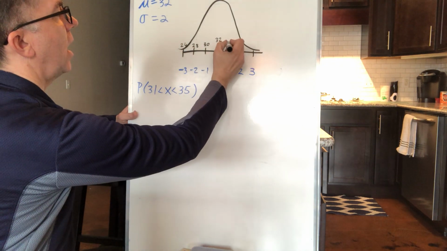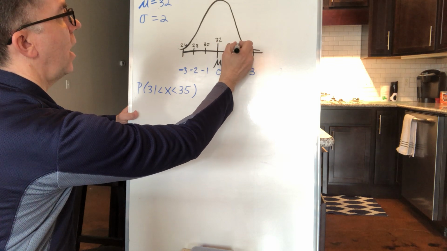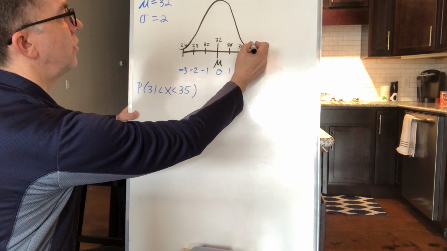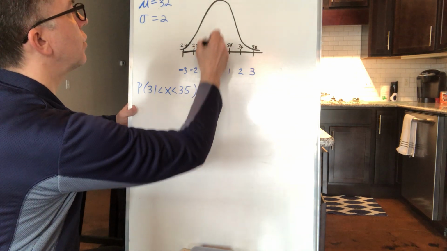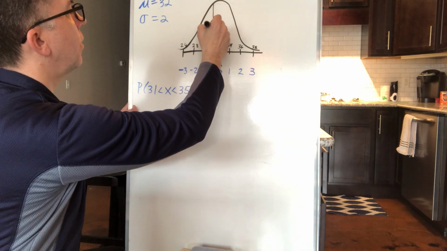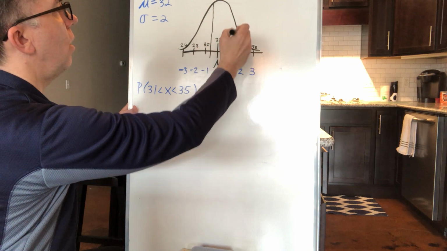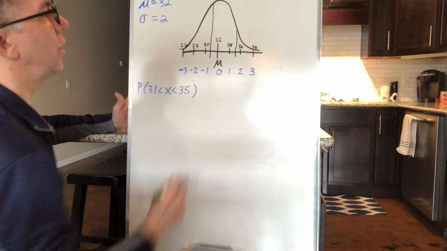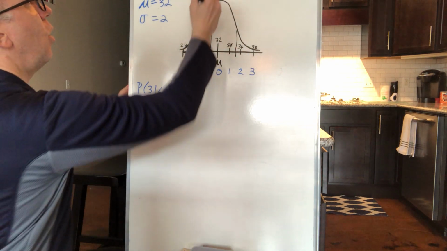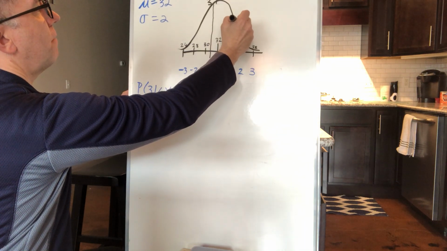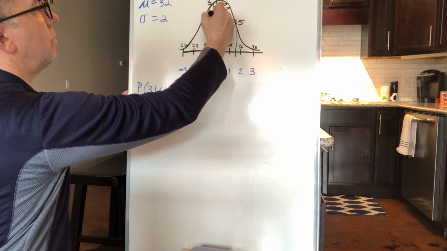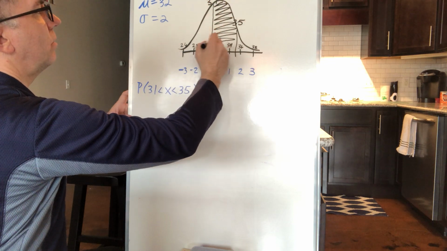Then on the other side, we have 34, 36, and 38. So we want to go from 31, which is right here, all the way to 35. We'd like to know what percent go between a 31 and a 35. So we're going to shade that in. We want to find that area.